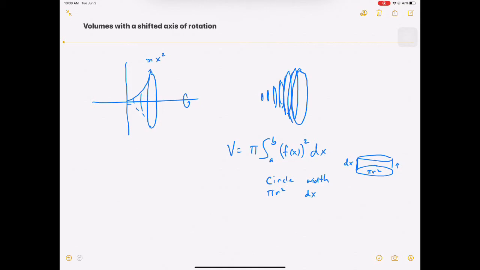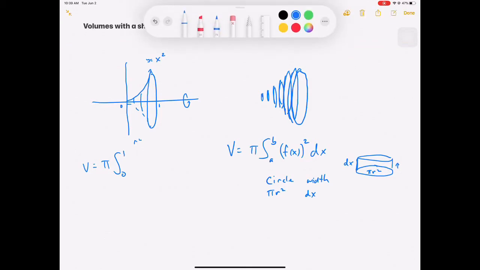Let's find the volume of this equation y equals x squared from 0 to 1. So the volume equation is pi integral from 0 to 1 of r squared, which is our function, because that's really our y value here.